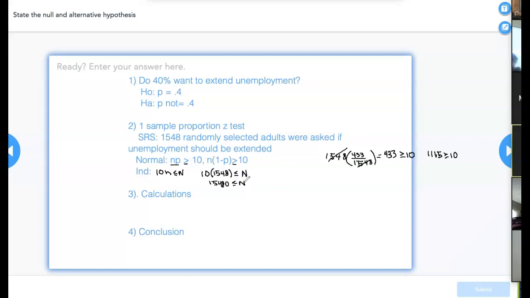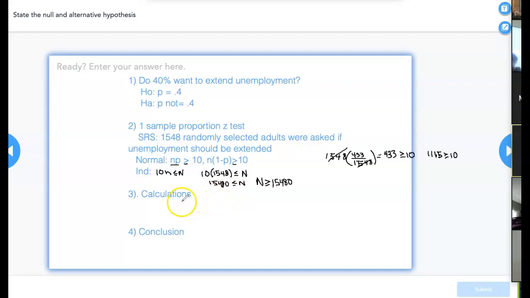So if you switch this sign around, put the n on the left, put the number on the right, as long as the population is above 15,480, then our sample is representative of the population. So population in the US, what are we at now? 400 million or something like that? I don't know. I know we're approaching 40 million Californians right now.